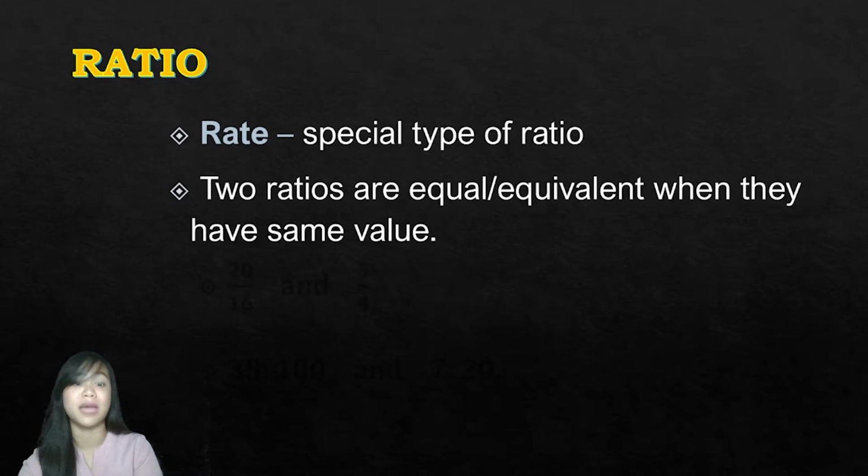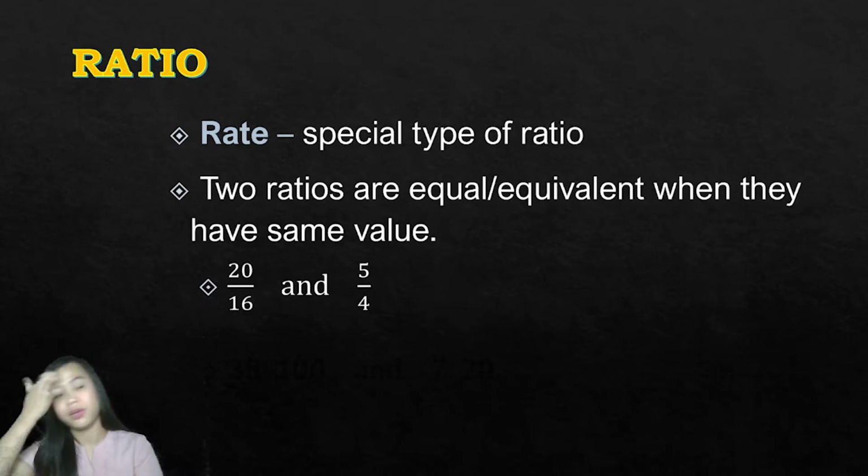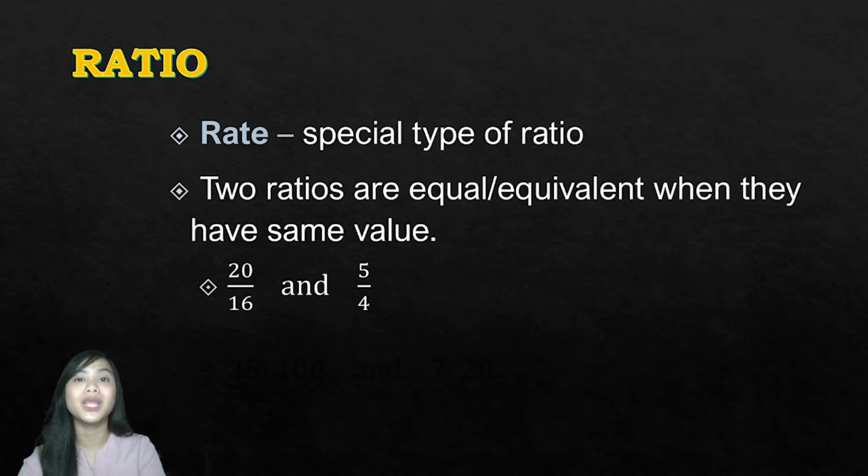Let's have examples. First, we have the fraction or ratio 20 over 16. This ratio is the same as 5 over 4, because when we divide 20 over 16 by 4 over 4, we will have 5 over 4.